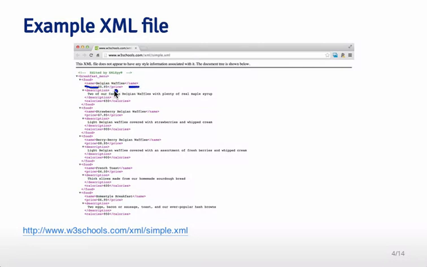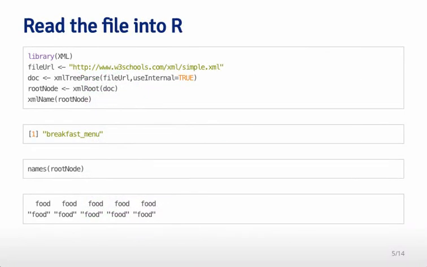This particular element is named Belgian waffles, so delicious. Then there are other tags that correspond to the other components of this food element. Then you go down and there's another food element with another name and so forth. So that's what an XML file looks like, and I encourage you to look at the bigger version when you go to that web link.